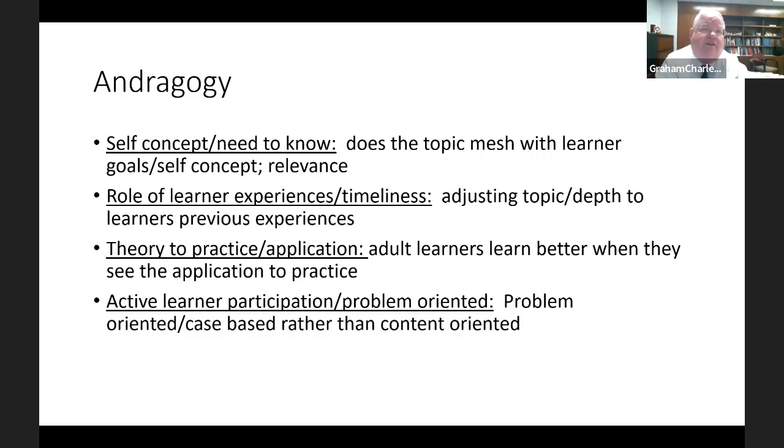The learner who is passively sitting, listening to a talking head, does not learn. The data clearly shows, and I'll show you some of the data, that the retention of knowledge is not as good as when there is active learner participation and when it's problem oriented.